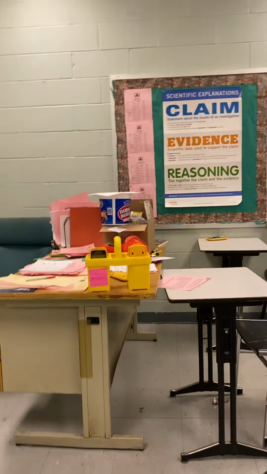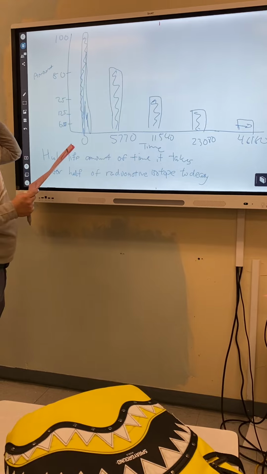Okay. So essentially, what is the half-life of carbon 14? We have to look at time 0. At time 0, we're at 100%. So this is time, and this is relative amount. So amount 100% at time 0.